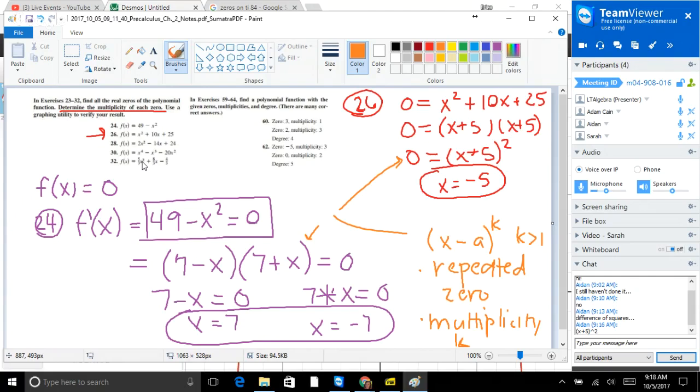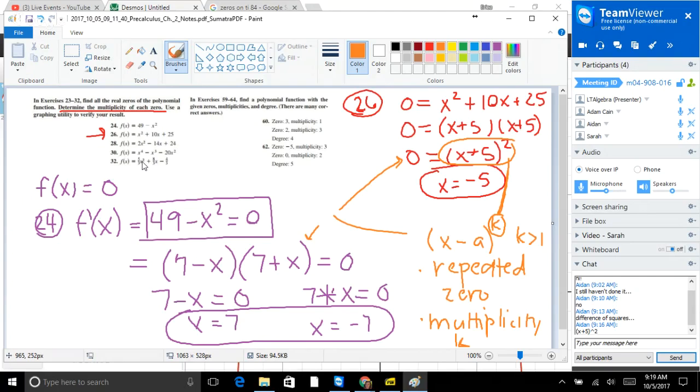Basically, what we just found when we factored number 26 is that one of our terms in our factor is still squared, right? So one of our terms is repeated more than once. So in this particular case, we have a multiplicity of 2 because the 0 at -5 is repeated twice.